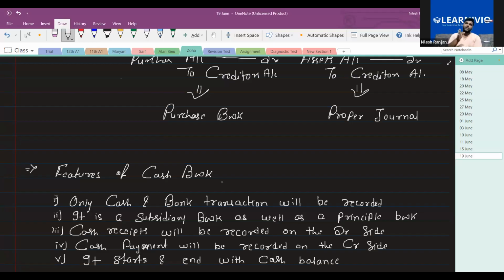Every transaction which goes in the cash account will come here in the cash book also. So when we are maintaining the cash book, we don't have to prepare a cash account because it is the same.